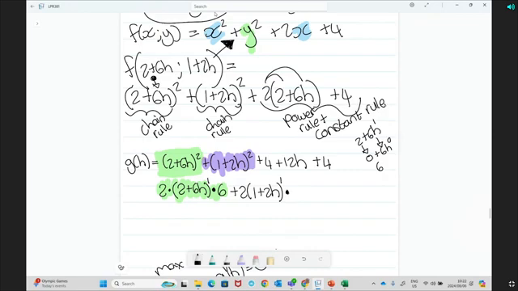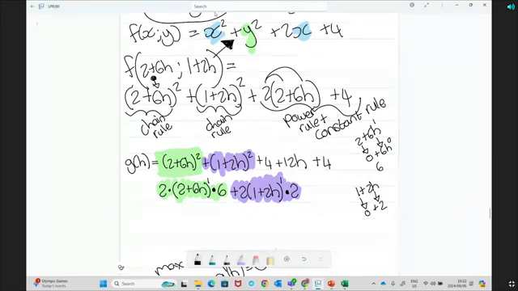Then you multiply with the derivative of the inside, which in this case is just 2. So 1 plus 2h: if you derive that, the 1 becomes 0 and the 2h becomes 2. So that's that piece.